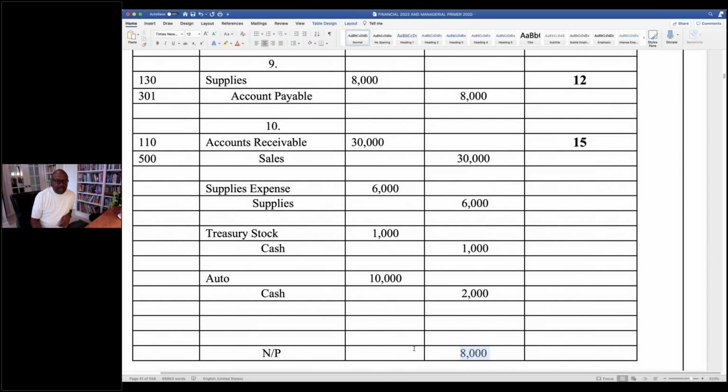All right, so while I'm getting this up here, suppose the automobile has a full year life, $2,000 salvage, and we're using double declining balance depreciation. What's going to be the adjusting entry for depreciation?